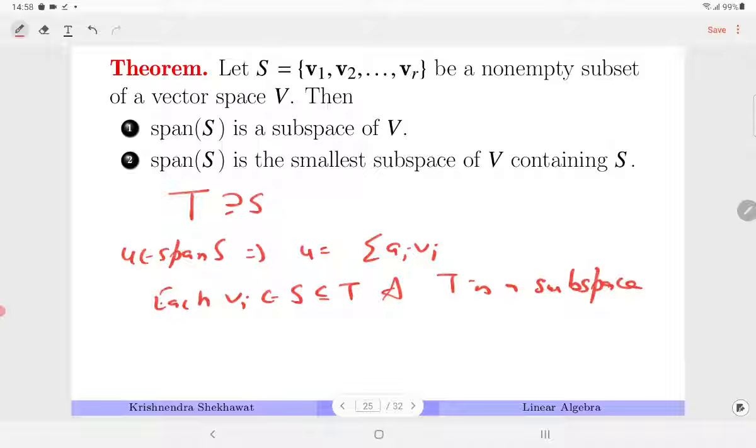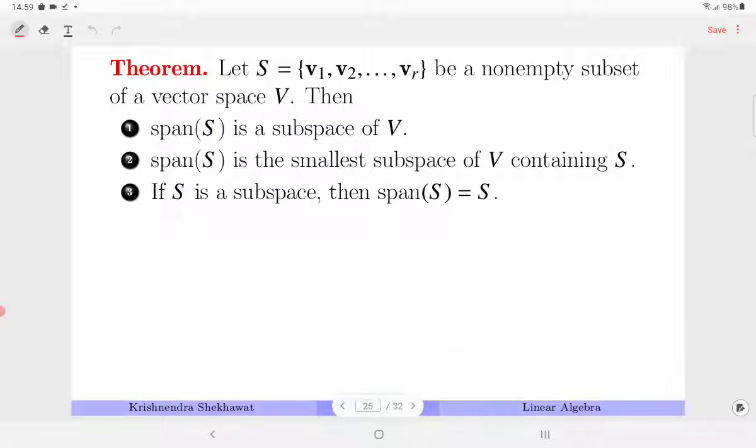So T is a subspace, it means the linear combinations a1 v1, a2 v2, so each ai vi belongs to T. And then again it's closed under addition, therefore the summation of ai vi also belongs to T, which means u belongs to T. So I started with u belonging to span S and I reached u belongs to T. Therefore, I can say that span S is contained in T, or span S is the smallest subspace containing S.